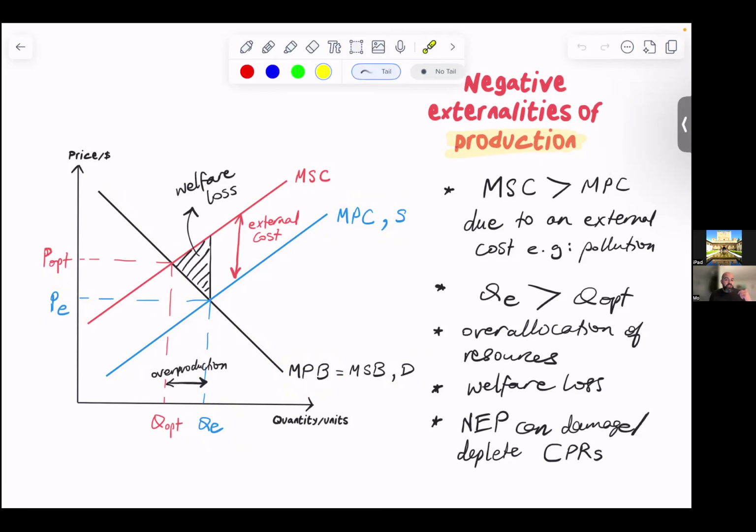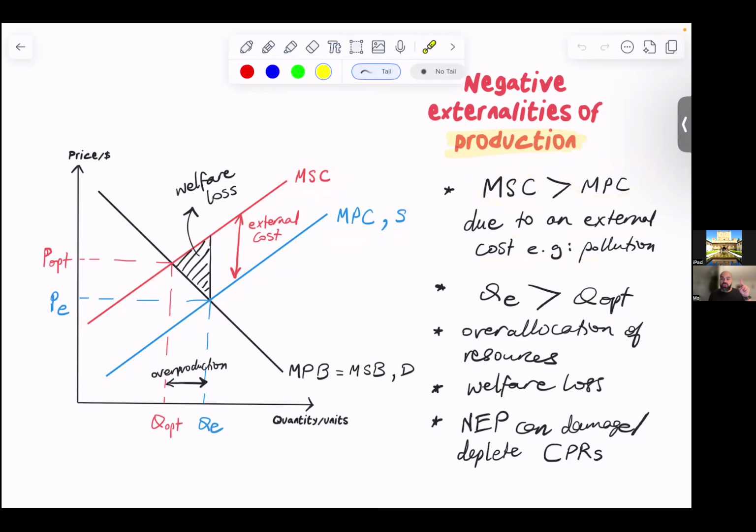However, there is an external cost, like, say, for example, pollution or damage to a common pool resource. That external cost is this vertical distance between the MPC and the MSC curve. When you add the external cost, now you have the marginal cost to society, the MSC. So because of the external cost, for example pollution, the MSC is greater than the MPC.